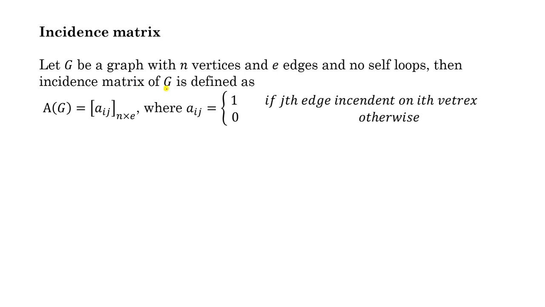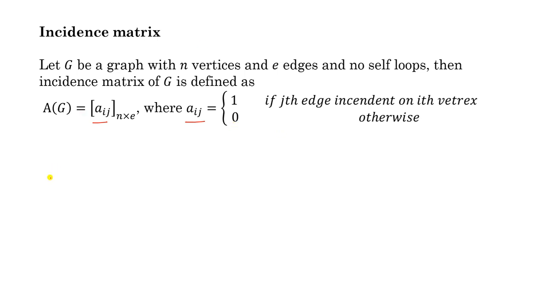The incidence matrix of G is defined as A_G. A_ij is the ijth element, and the order is n by e: the number of rows equals n, the number of columns equals e. A_ij is defined as 1 if the jth edge is incident on the ith vertex, 0 otherwise.